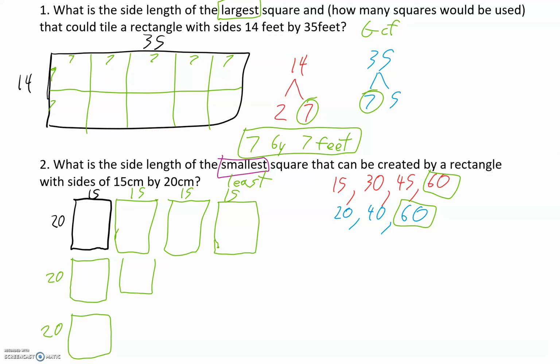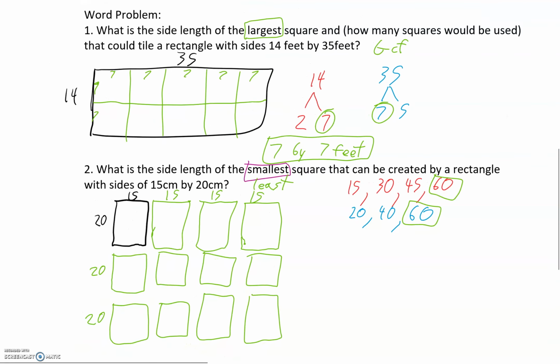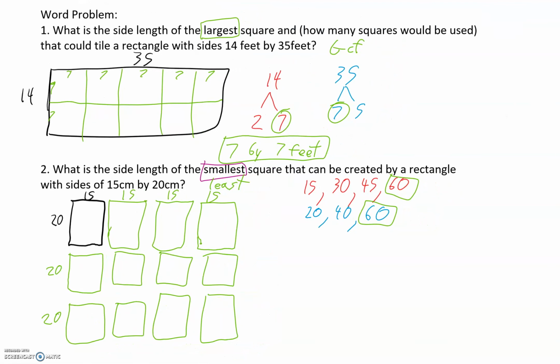So we add those until now we have 60 along one side and 60 along the other side. And now we have tiled it with 12 total rectangles. And the side length of the smallest square that can be created is a square of 60 by 60 centimeters.